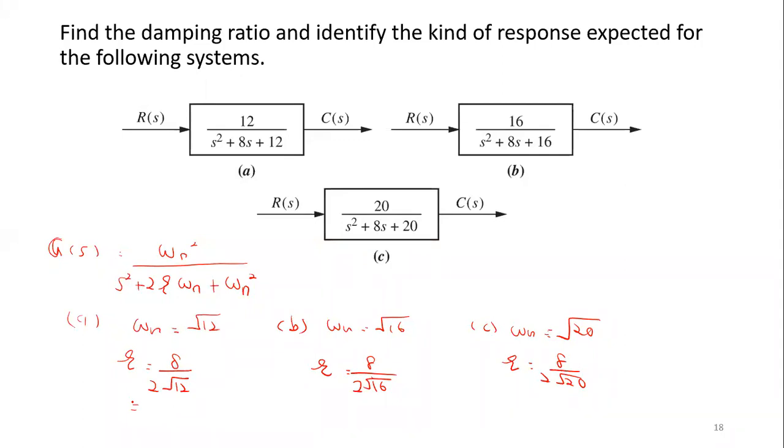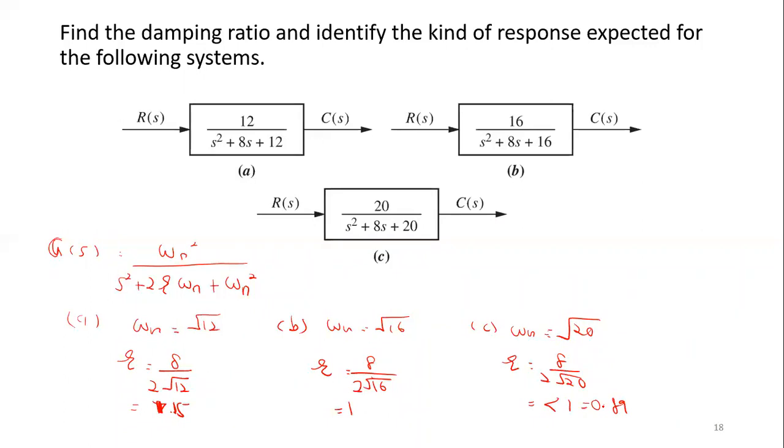The damping ratio for A will be more than 1, am I right? 1.15. Okay, nice. For B, 1. For C, it is less than 1. I'm just looking at the answer here, but you can calculate. 0.89. Okay, thank you.